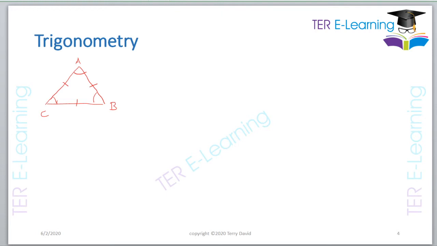Can somebody tell me what type of triangle this is called? All right, so I'm seeing Cherie saying it's an equilateral triangle. That's correct. So this here is an equilateral triangle.